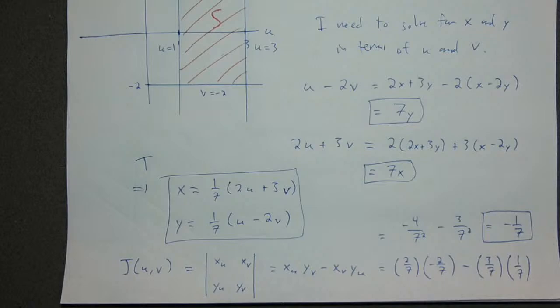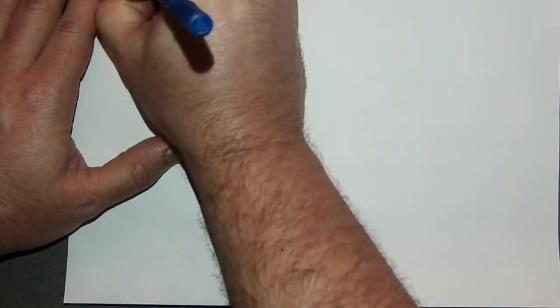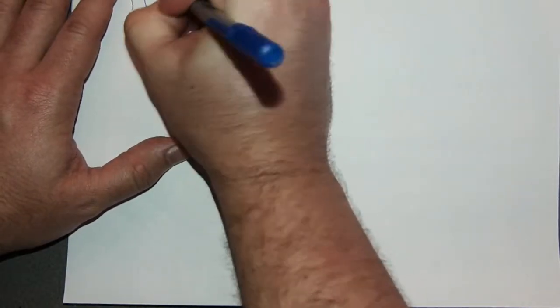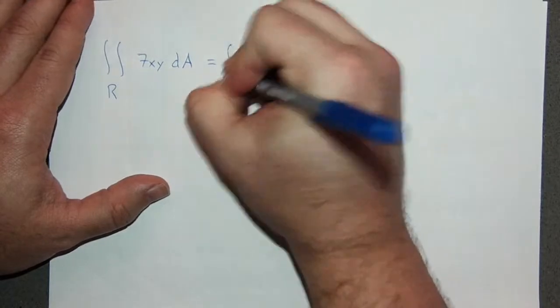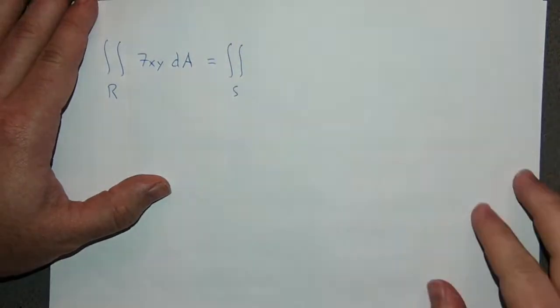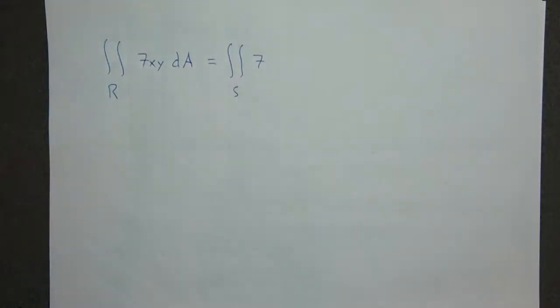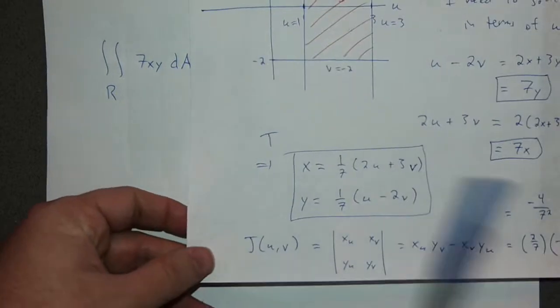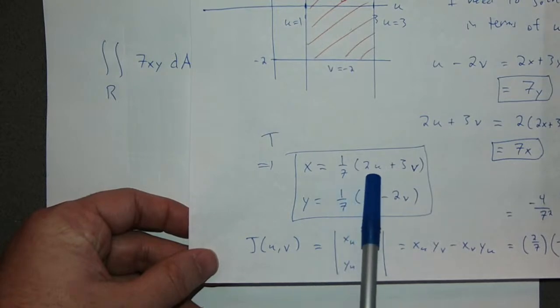So what was the integral I was originally asked to evaluate? Double integral over R of 7xy dA. So now it's time to use my change of variables formula. The double integral over R of 7xy dA using change of variables is the double integral over that region S I found of 7. I need to plug in my transformation T. So for x, I plug in 1/7 (2u plus 3v).